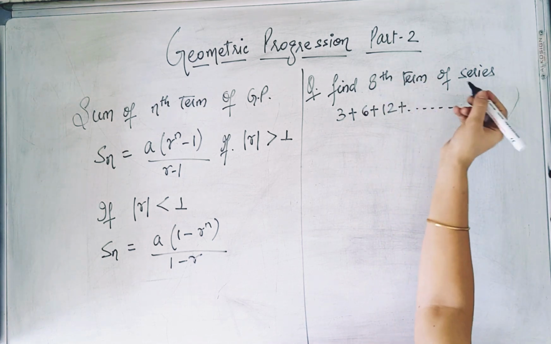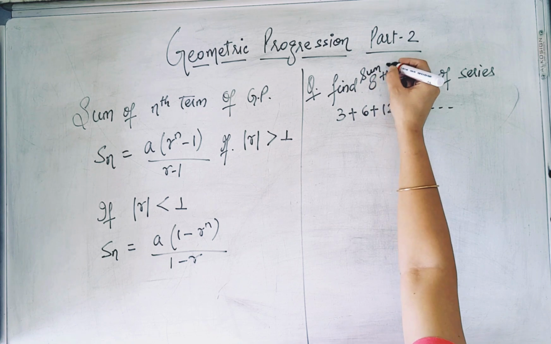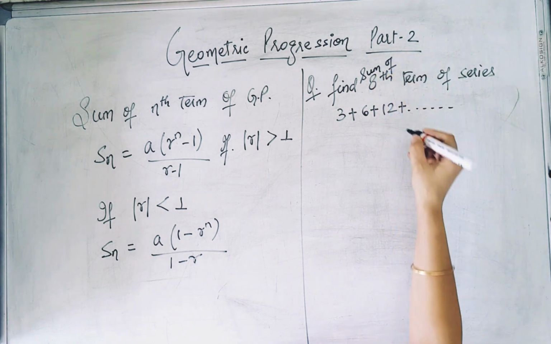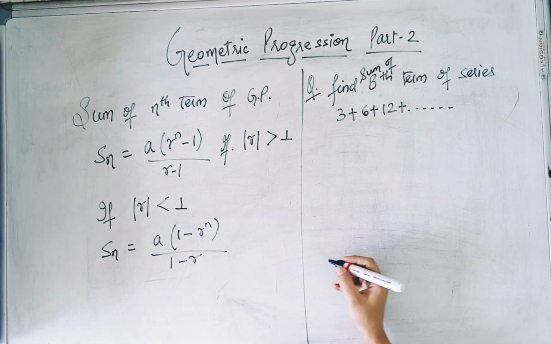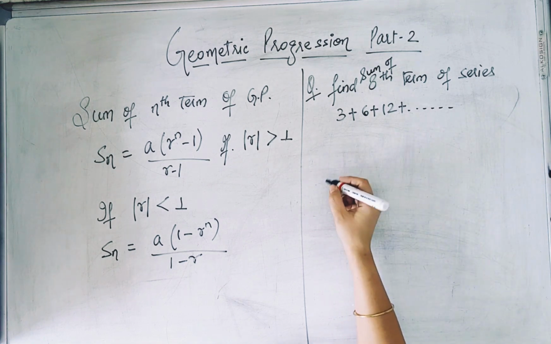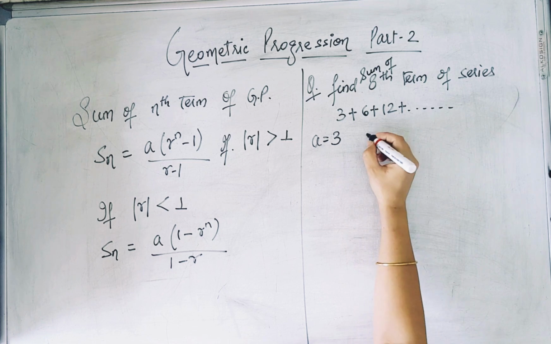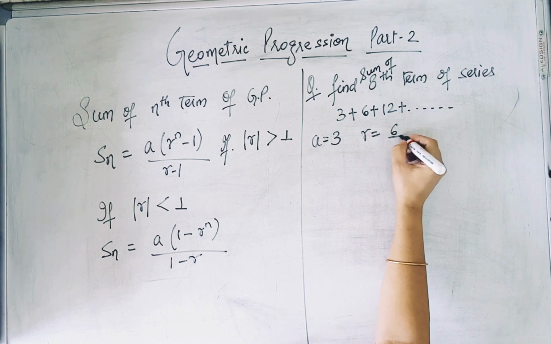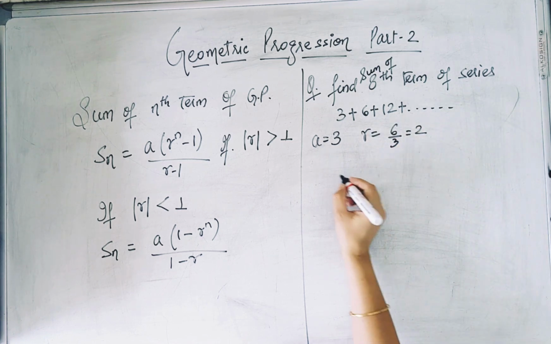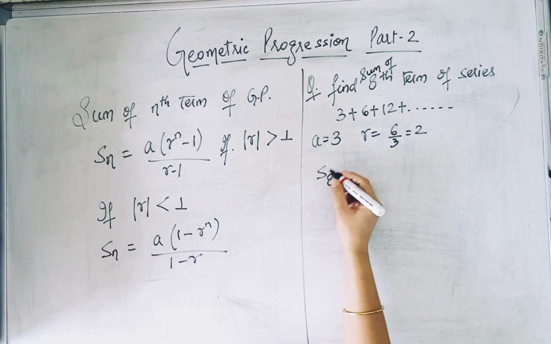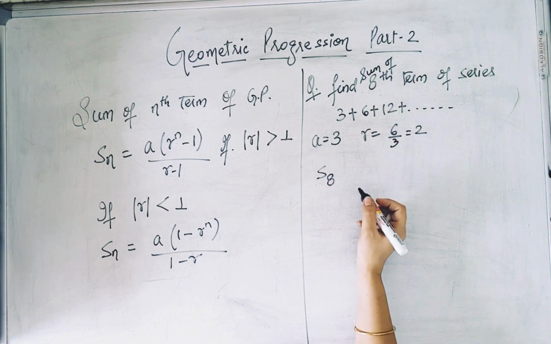Now see, in the given series we can easily see A is 3 and if we calculate R it is 2, and we have to find S8, that is the sum of 8 terms.